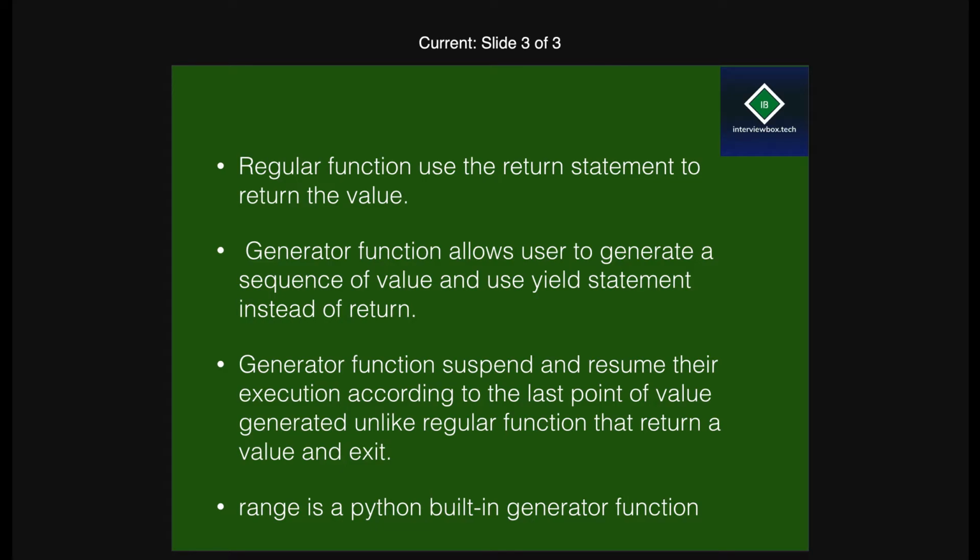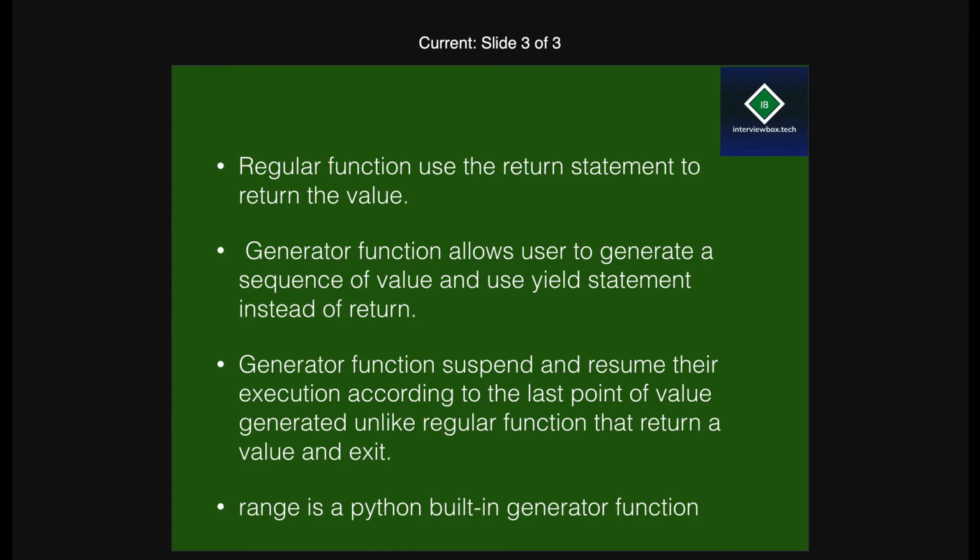So we will go to PyCharm, and I will show you the example for both scenarios, and then you will understand better. Generator functions suspend and resume their execution according to the last point of value generated. So it will basically get the first value, and then it will just hold there, then go to the second value, something like that.